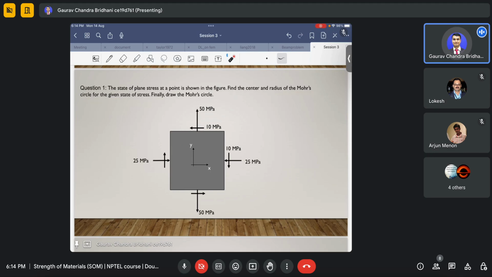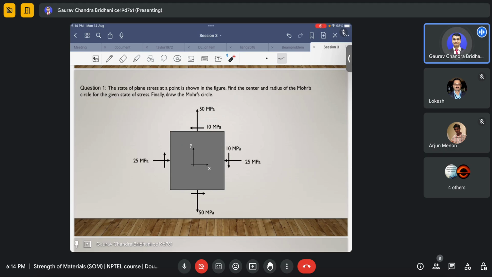I'll also write the equation of the Mohr circle, the equation of the circle, so that after the session you can use any plotting software, even MS Excel, to plot it, and you will see that the exact circle we draw here comes out from that equation. I'll do that so that you get accustomed to the equation, because the Mohr circle equation is very important.